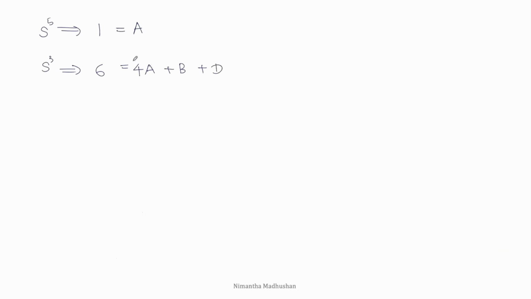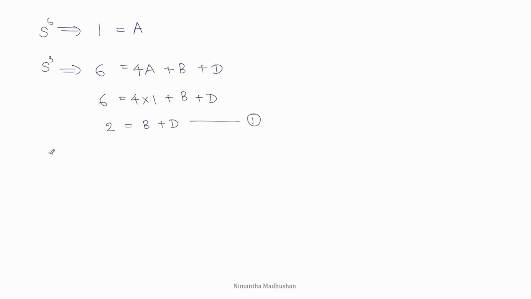Now we know the value of a is equal to 1, so 6 equals 4 times 1 plus b plus d. 6 minus 4 is equal to 2, so b plus d equals 2. I name it as equation 1.